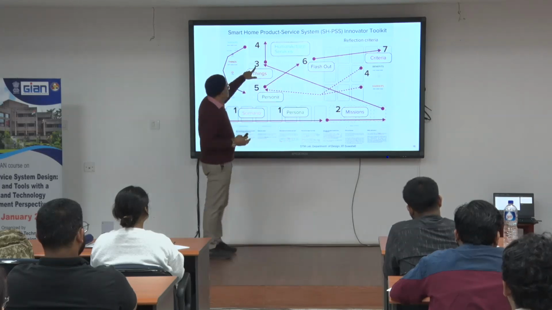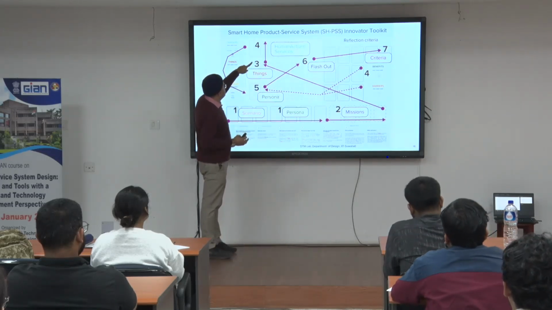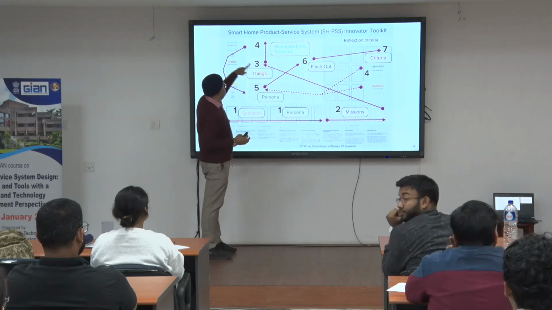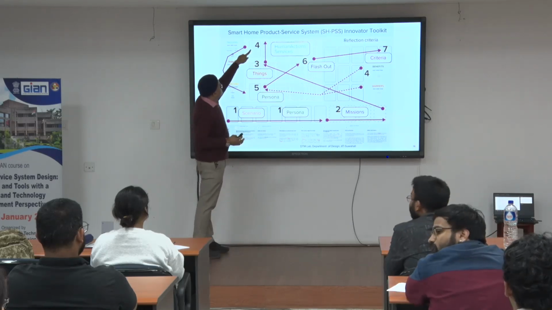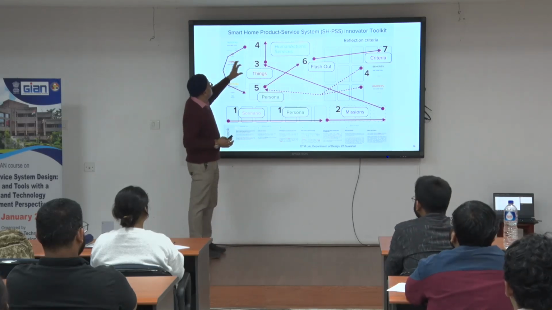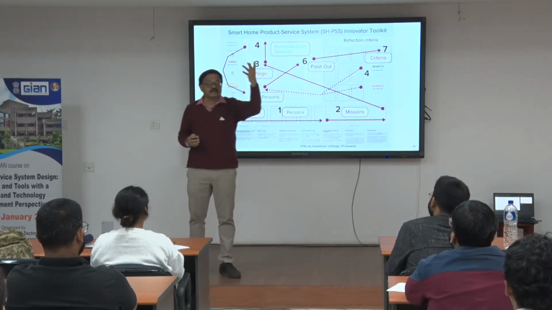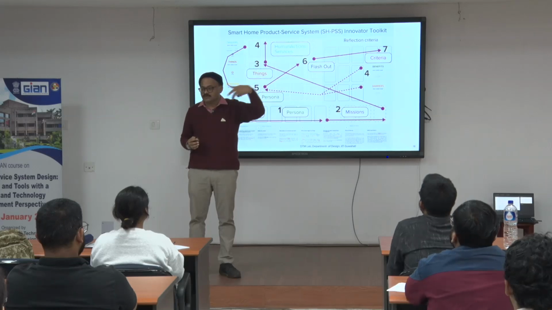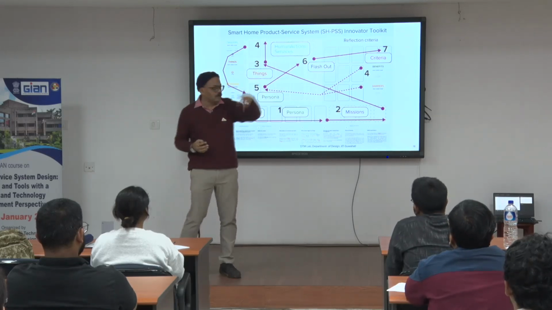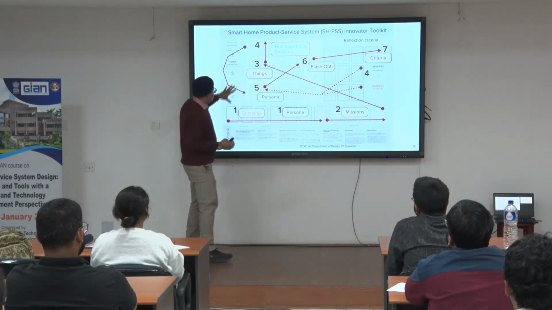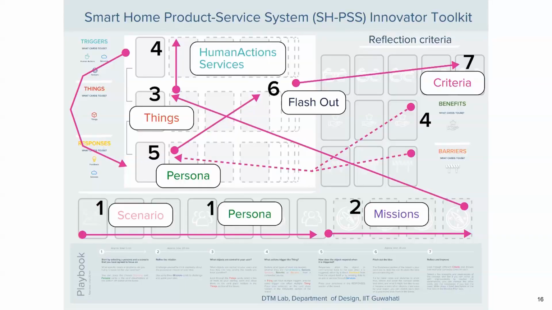Then you pick up things, right? Then you come to the triggers, right? If you pick up these things, these objects, what are the triggers of those sensors, or what are the triggers of those objects? Then after the trigger, you get the responses, feedback. The first is to pick up the object, right? It will give some trigger and then some feedback, right?